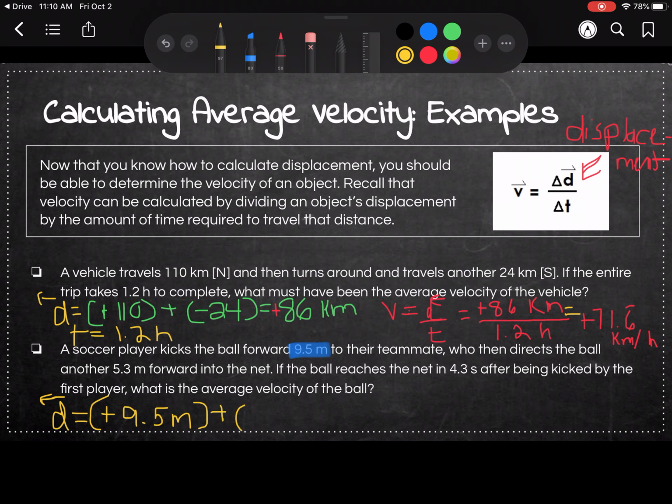So we add another 5.3 meters forward. If the ball reaches the net in 4.3 seconds after being kicked by the first player, what is its average velocity? So we've got a displacement, we've got a time, 4.3 seconds.